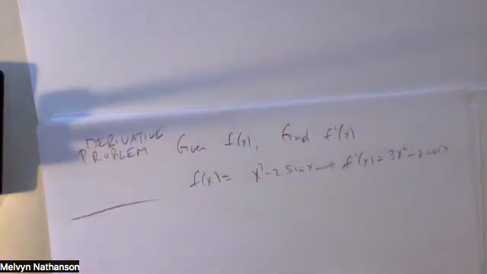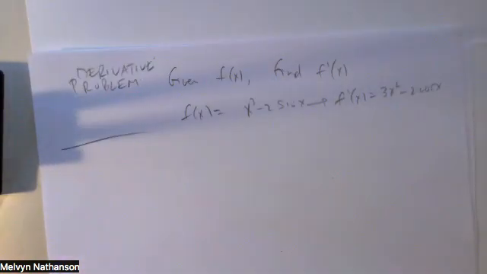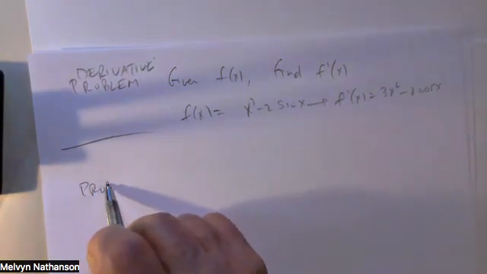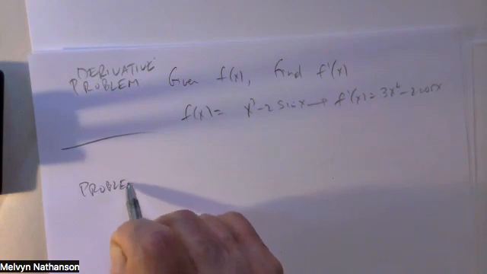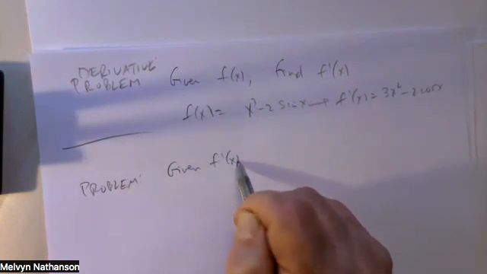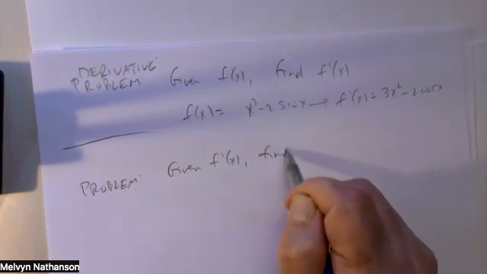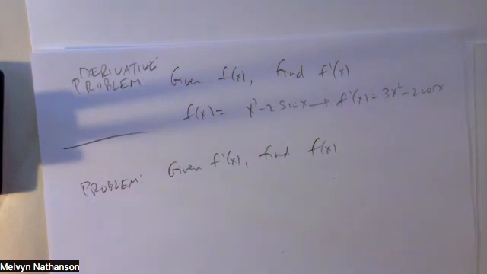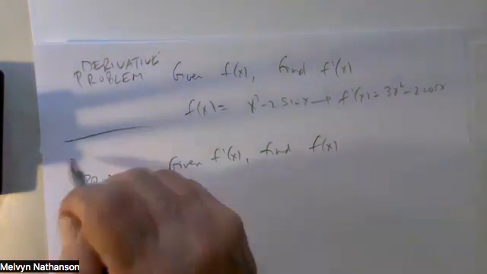But I want to reverse it. I want to do the following problem. Suppose we're given the derivative f prime of x, find f of x. So that's the opposite problem. It's going in the opposite direction.